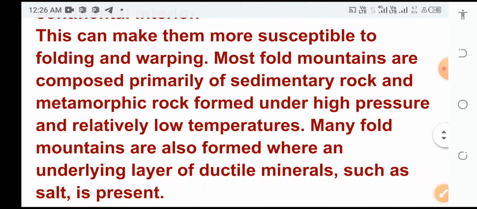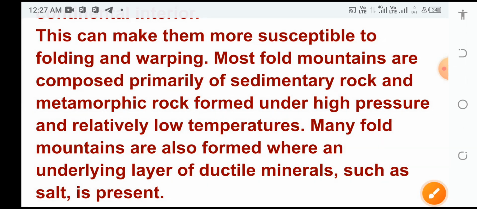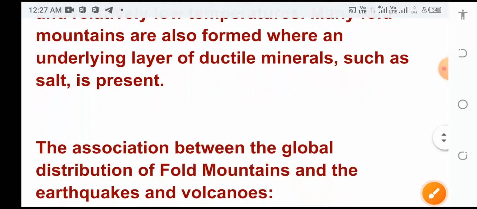This can make them more susceptible to folding and warping. Most fold mountains are composed primarily of sedimentary rocks. Metamorphic rocks form under high pressure and relatively low temperature. Many fold mountains are also formed where an underlying layer of ductile mineral such as salt is present.